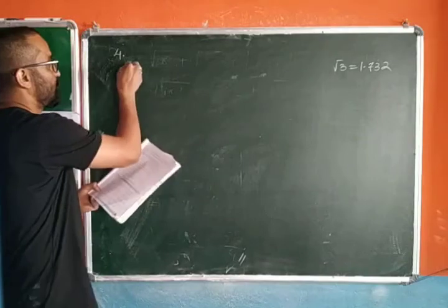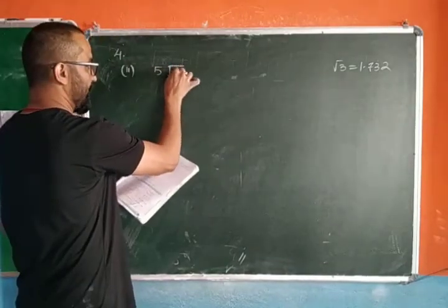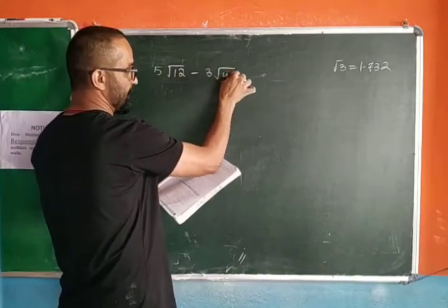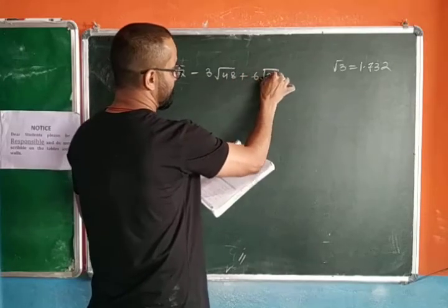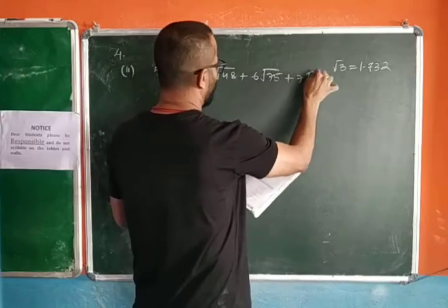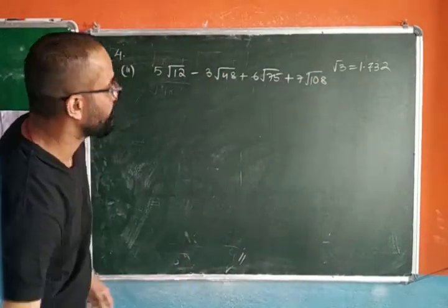I'm doing question number 2 now. It is 5 root 12 minus 3 root 48 plus 6 root 75 plus 7 root 108.